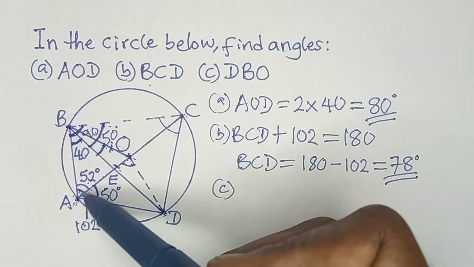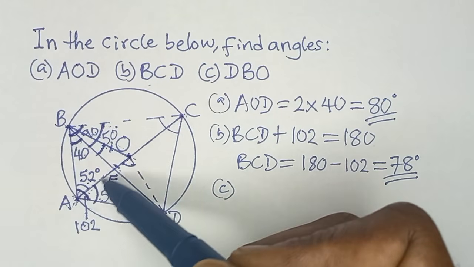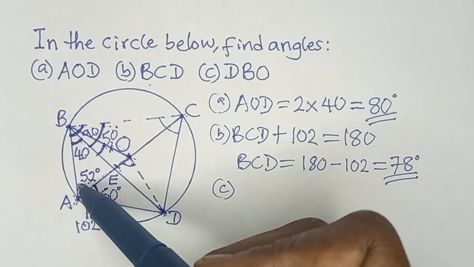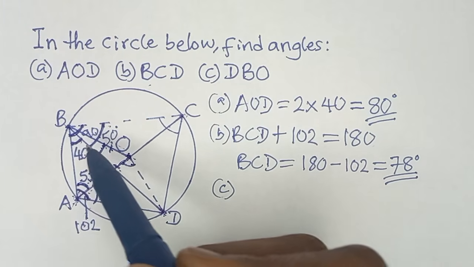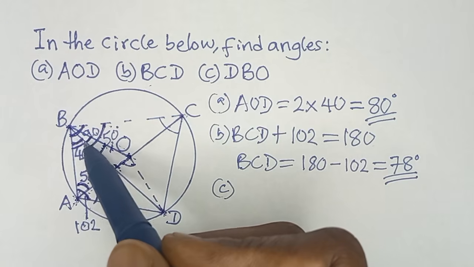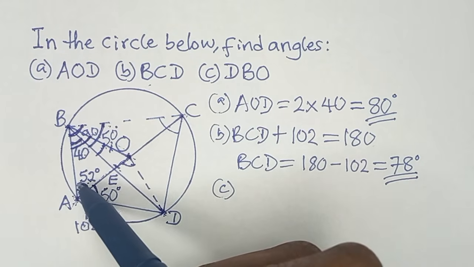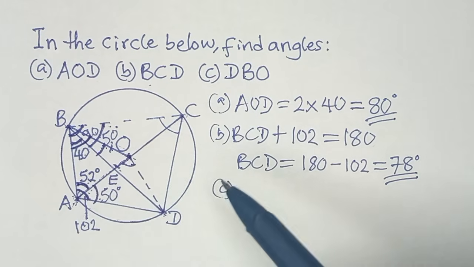And don't forget that in an isosceles triangle, the base angles are equal. So 52 is one of the base angles, so the other base angle should also be 52.